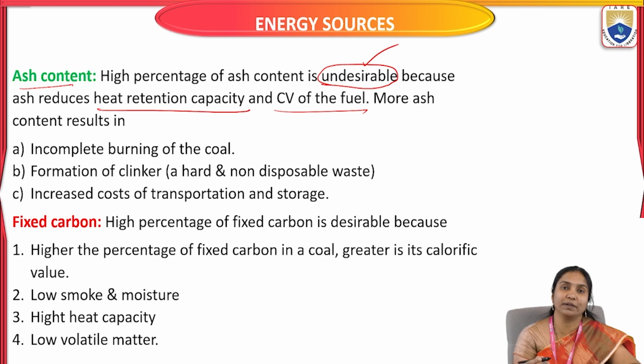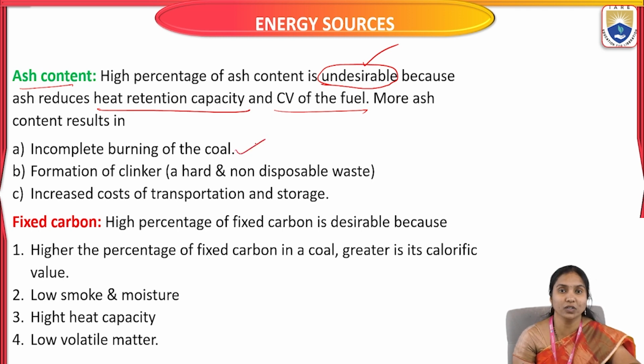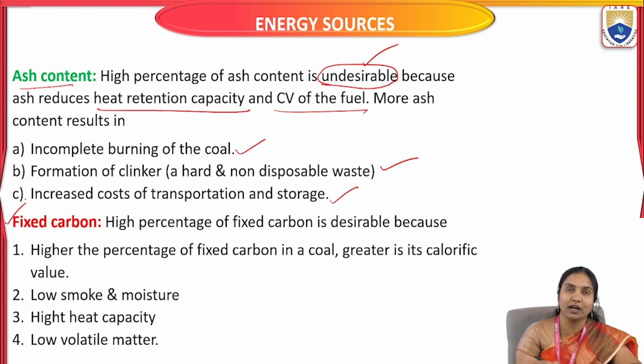If more ash is present in this fuel, it is highly undesirable because of incomplete burning of the fuel and formation of clinkers, that means hard or non-disposable waste, and increased cost of transportation and storage. It produces more smoke also. If ash percentage increases, it may not support the burning, it produces more smoke, and it reduces calorific value. And next one, fixed carbon.